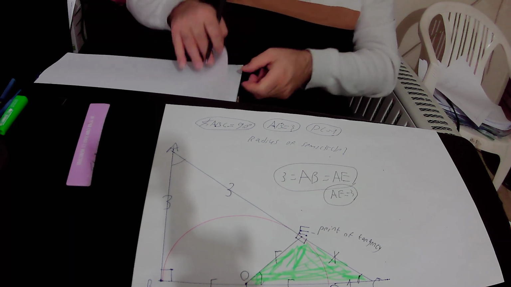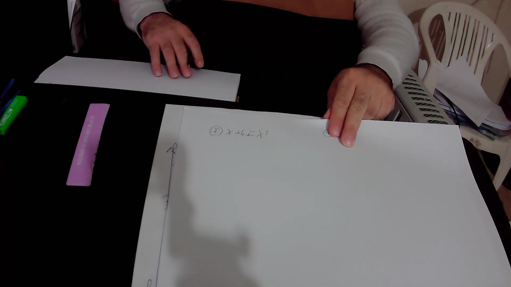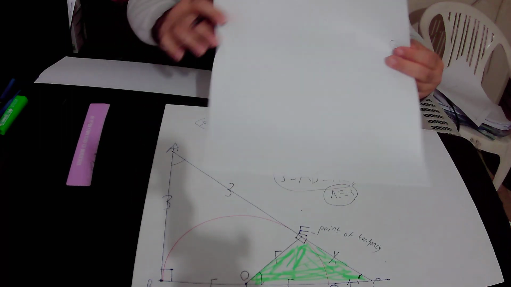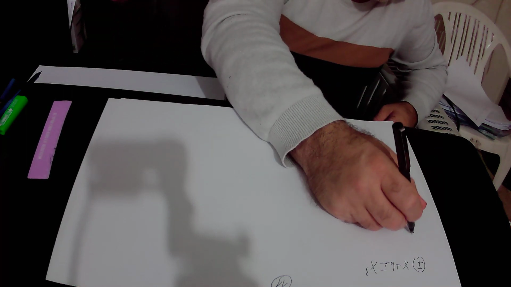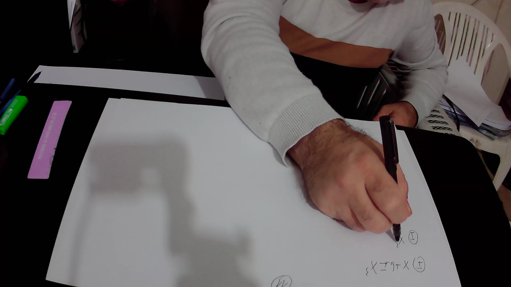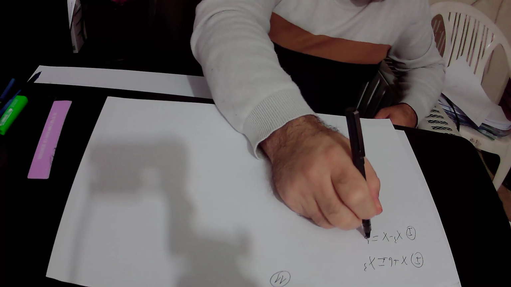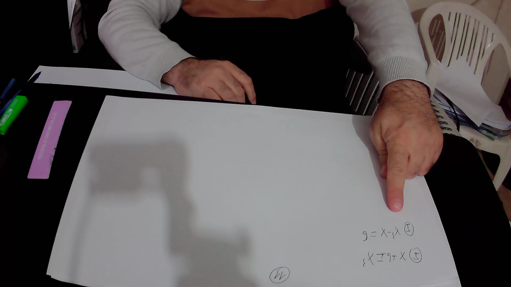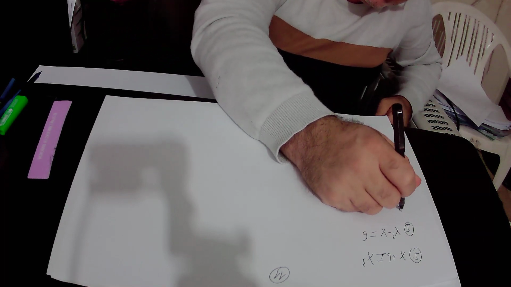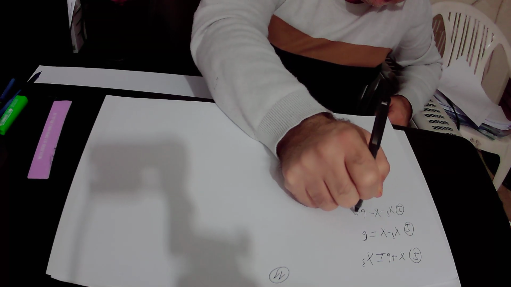So we got this equation number 1. Here we will subtract x from this equation, and we will get that x cubed minus x equals 6. Here we will subtract 6 from this equation, and we will get that x cubed minus x minus 6 equals 0.